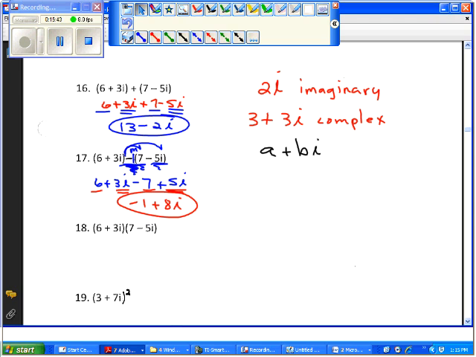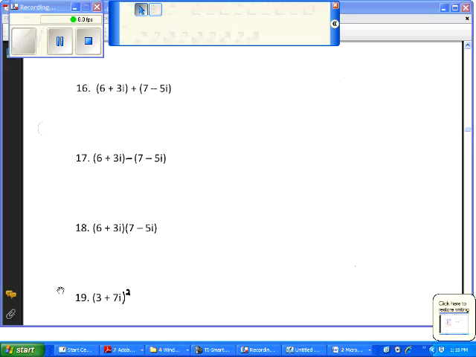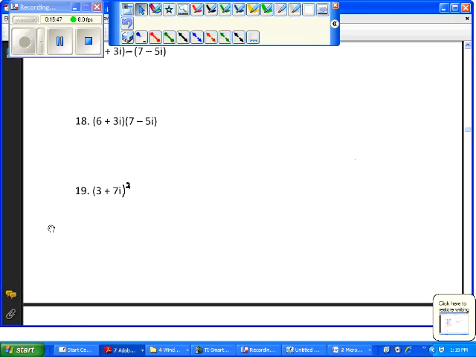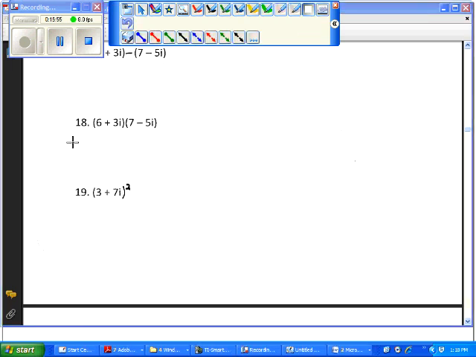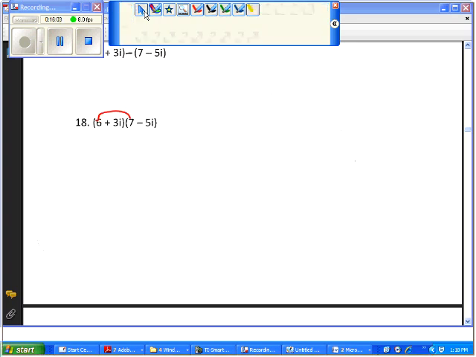Any questions so far? Number 18, we have a binomial times a binomial. If you use the FOIL method, which I'm going to do because at this point that's what you are most familiar with. It's been a long time since you've had me multiplying binomials. We take the first times the first, 42.